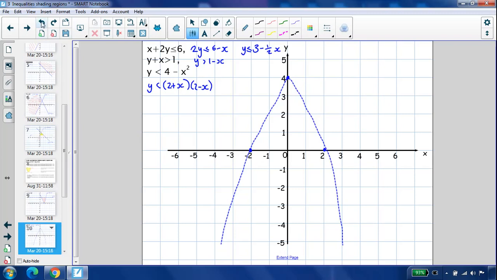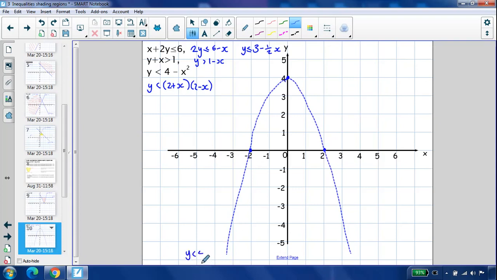That was not great at all. Let me try that one more time. So that is going to be my quadratic. So I'll just label that as y is less than 4 minus x squared.